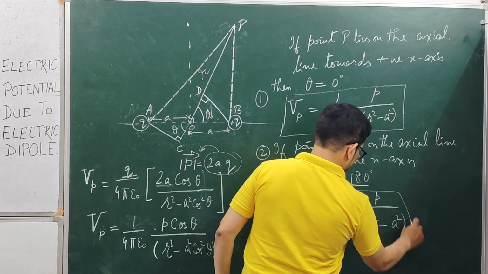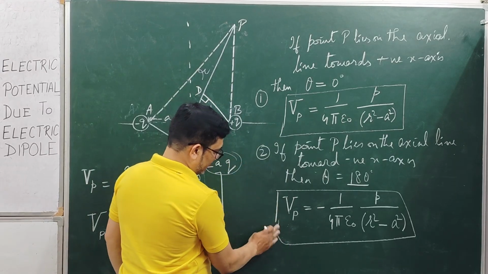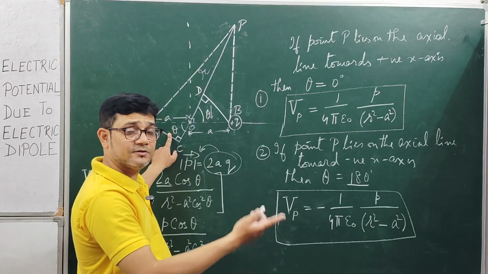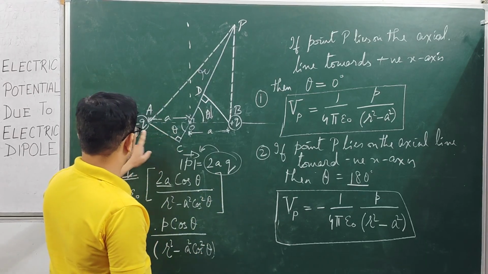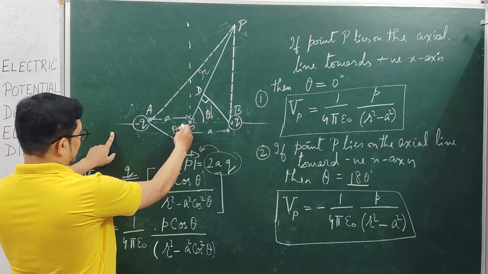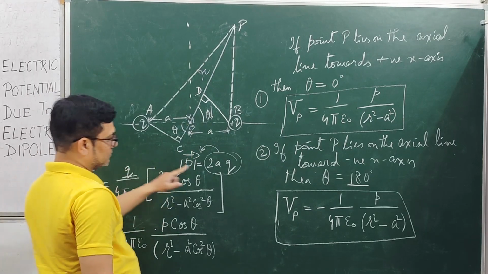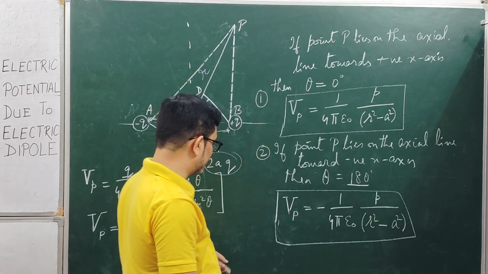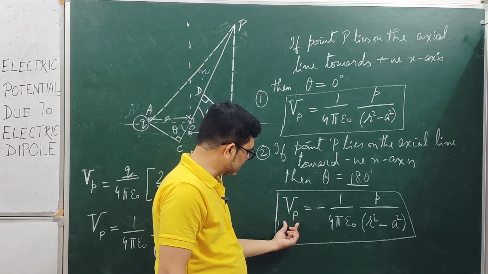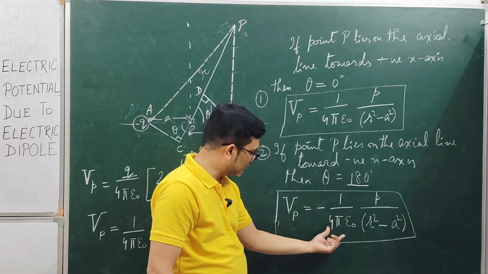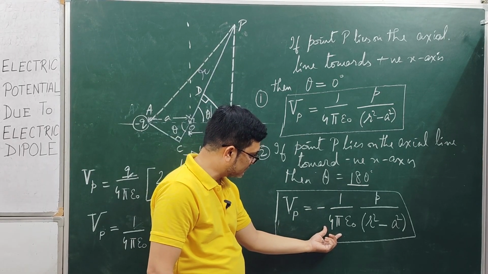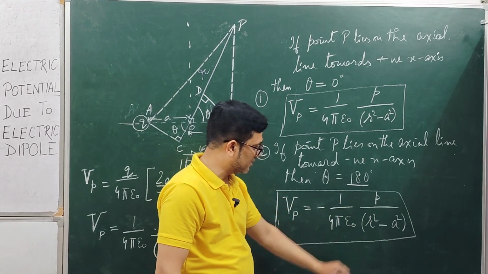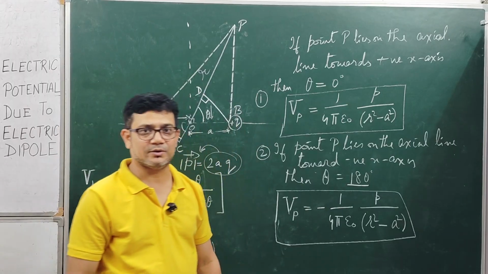So this is what we get when the point of interest lies on the negative side of the x-axis, which is left. That results in the angle becoming 180, and we get the potential as minus 1 over 4 pi epsilon naught times P, the dipole moment, divided by R square minus A square.